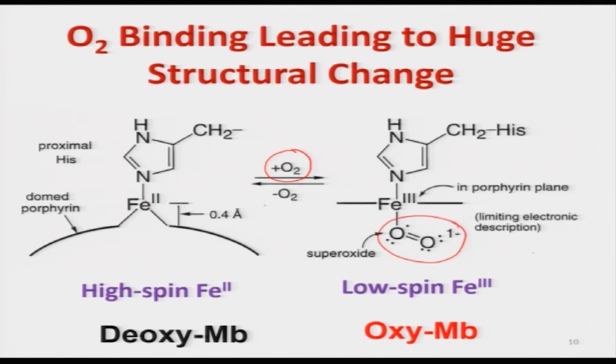Also, iron 2, which was displaced towards the proximal histidine site and sitting above the mean porphyrin plane, now comes back to the porphyrin plane, and thereby there is a huge structural and conformational change at the heme center and around the protein chains.